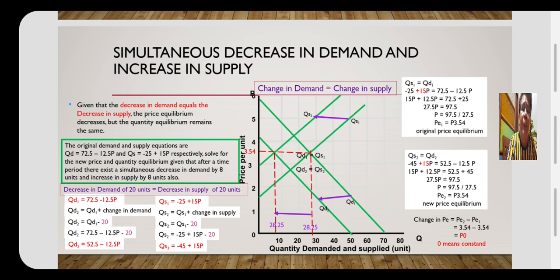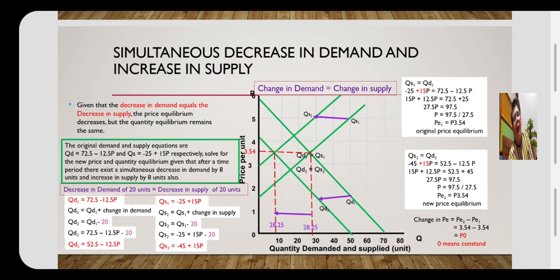So please change the last word, increase, from the problem statement to the word decrease. So decrease in demand by 8 units and decrease in supply by 8 units also. Change the last word increase to decrease.